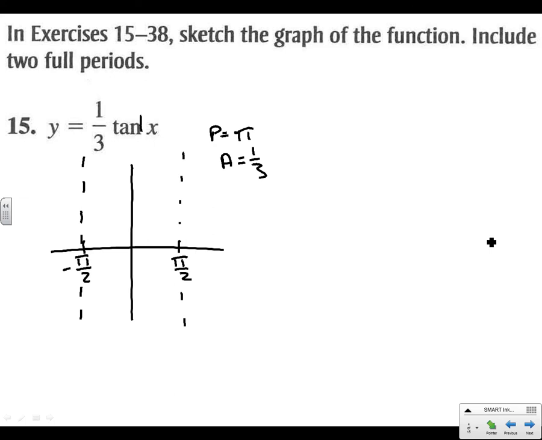No shifting. So we're at the center. And so our important points will be pi over 4, plus and minus. Amplitude of 1/3 and negative 1/3. And up we go.